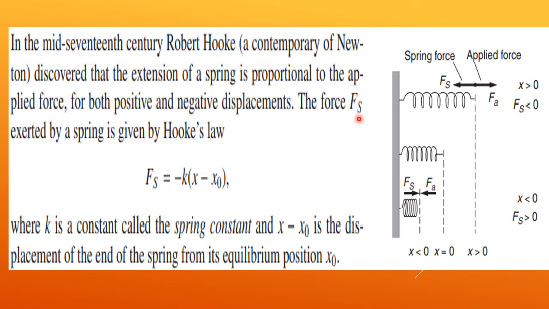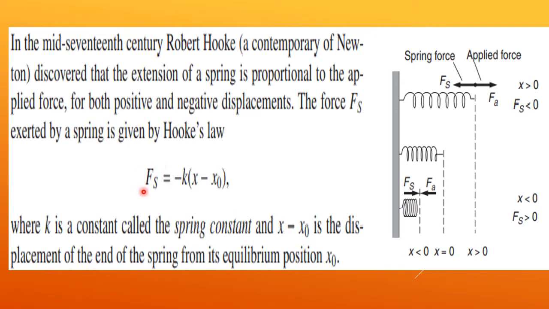The spring force Fs exerted by a spring is given by Hooke's law. It is defined as Fs = -k(x - x0), where k is a constant of proportionality called the spring constant.